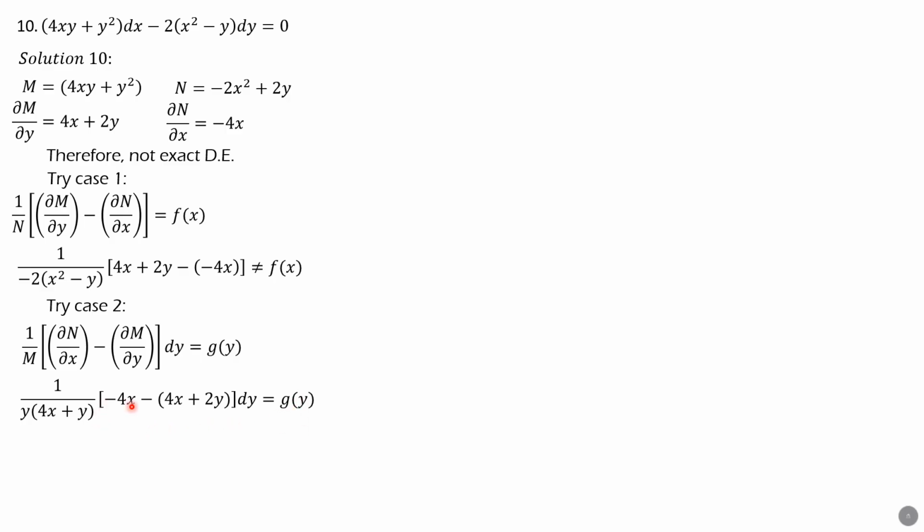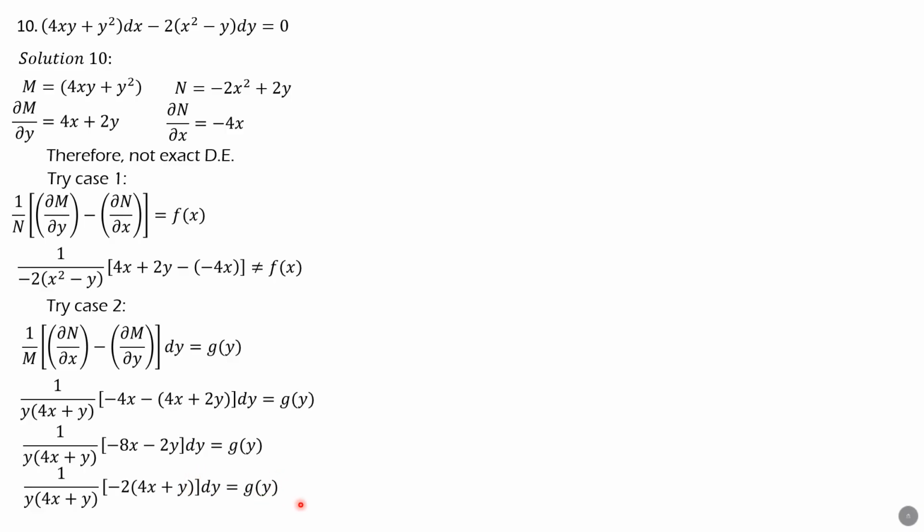So simplifying, the numerator is negative 8x minus 2y, and the denominator we just copy, and let's call it g of y. Factor out the negative 2 in the numerator, so we have negative 2 times 4x plus y over y times 4x plus y, then dy equals g of y.